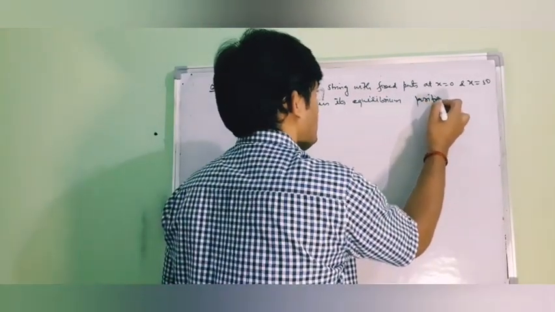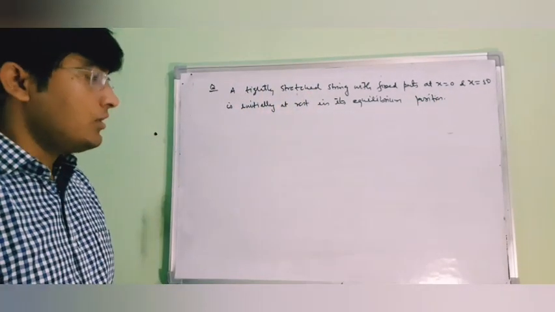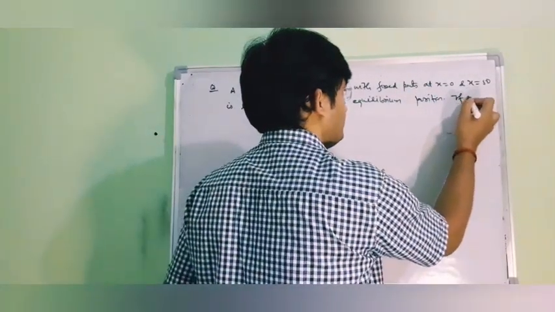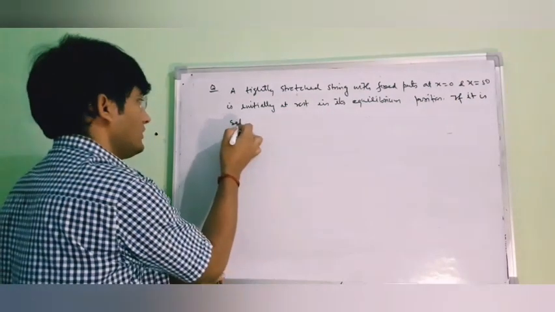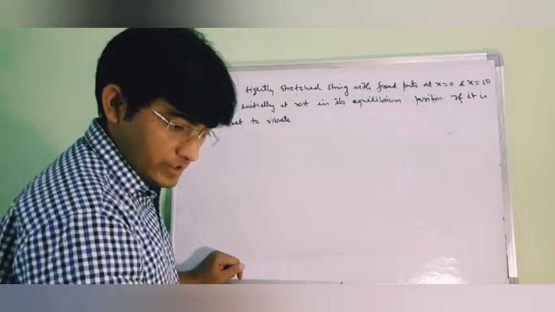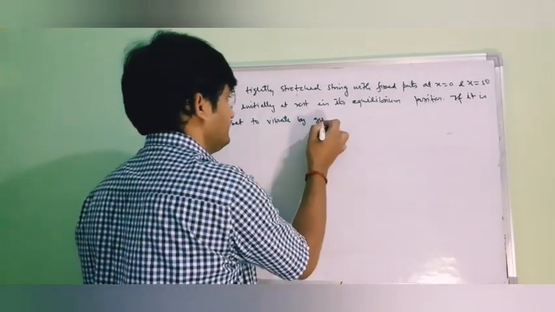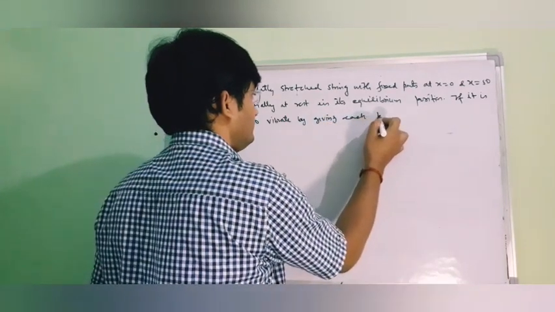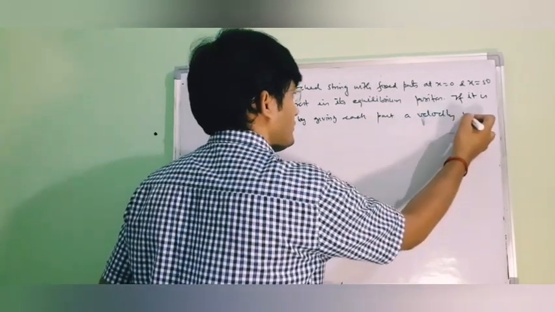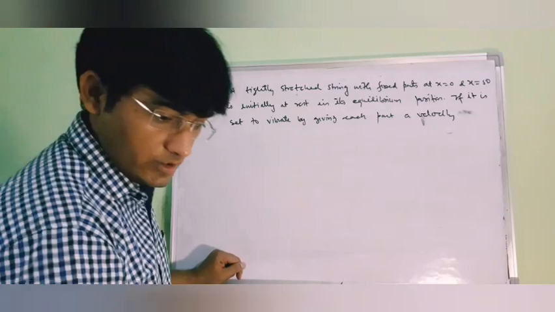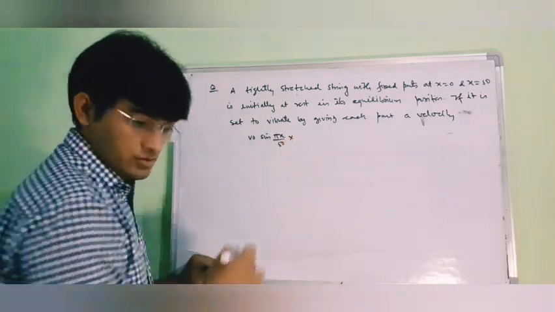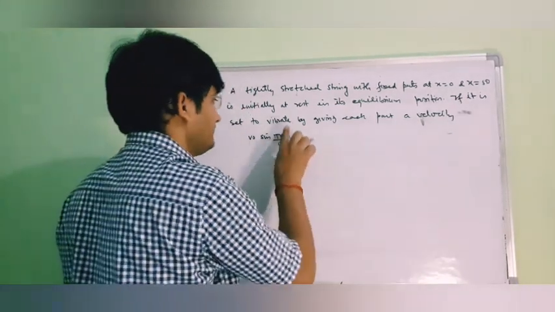So that means in this case your initial displacement is 0, and now it is set to vibrate by giving each point initial velocity v naught sin pi x upon 50 into cos 2 pi x upon 50.